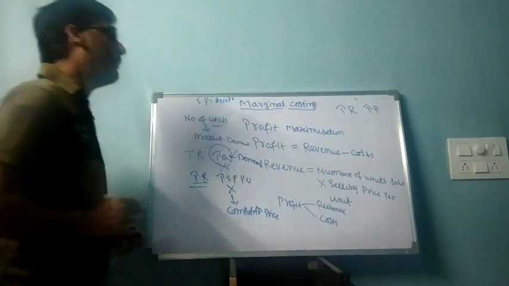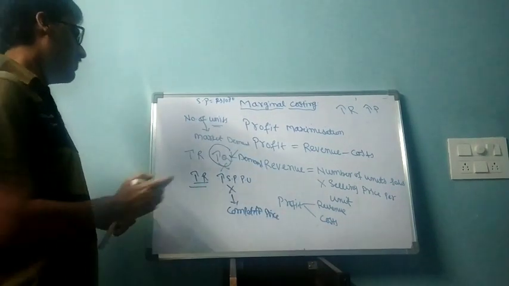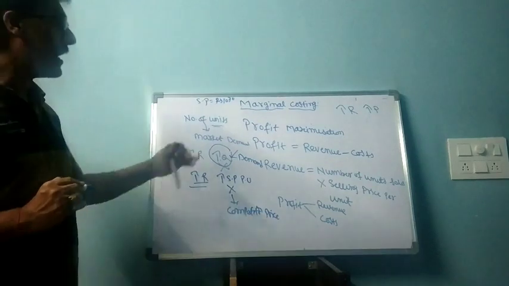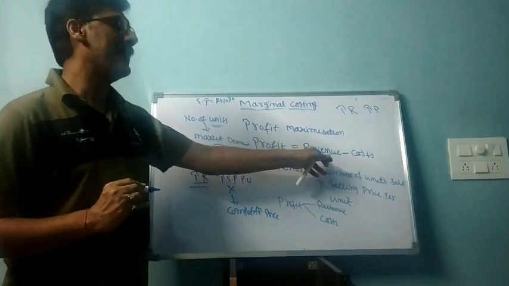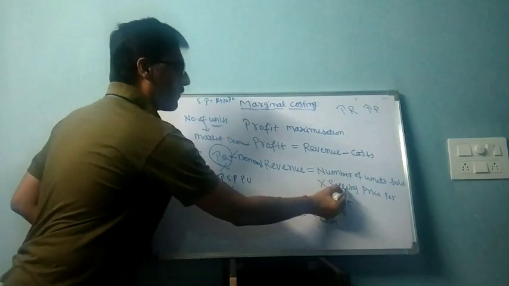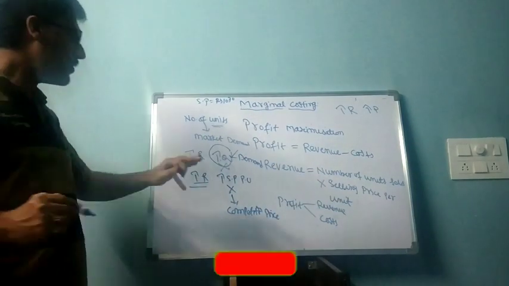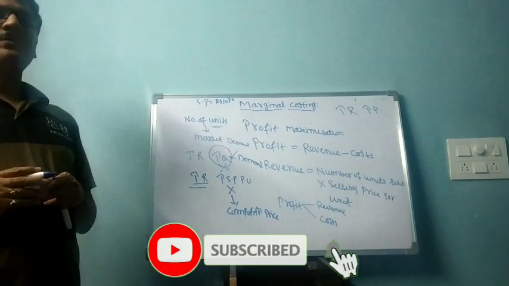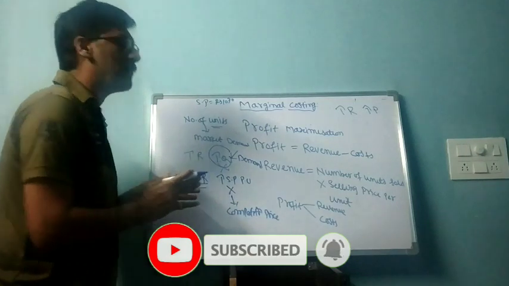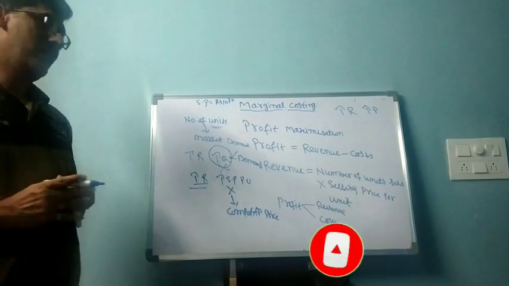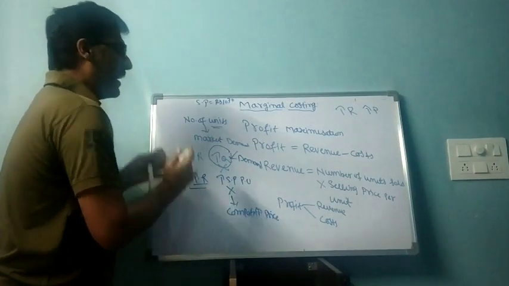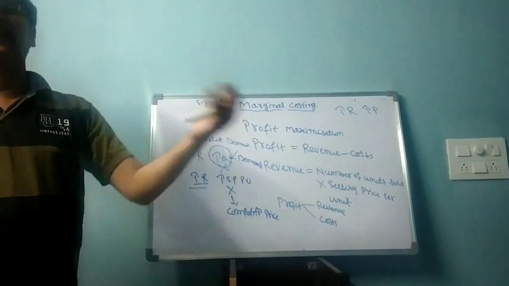Based on market demand only, you should sell the units. So this is not possible. So what is the other way you can increase the revenue? You should increase the selling price per unit. This is also not possible because you cannot fix more selling price for your product. You should fix the selling price based on your competitor price.